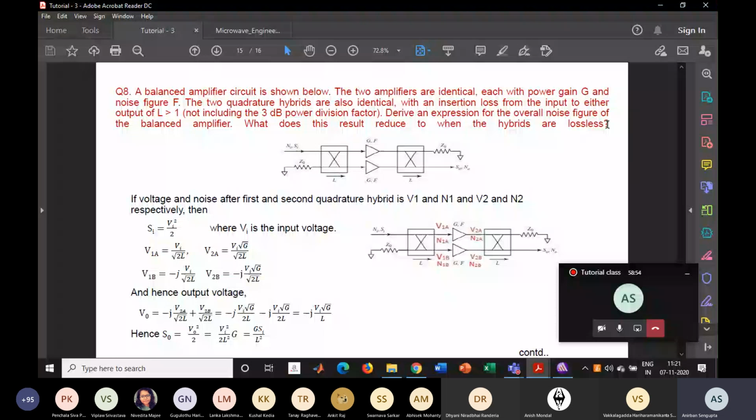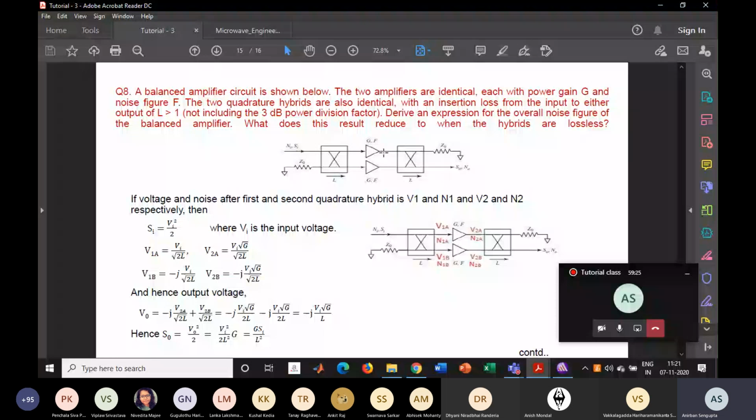For finding the noise figure of the overall system, we have to consider a few things. That is, the voltage and noise after the first and second quadrature hybrids. The first quadrature hybrid is at the input side of these amplifiers, and the second quadrature hybrid is at the output side of the amplifiers.